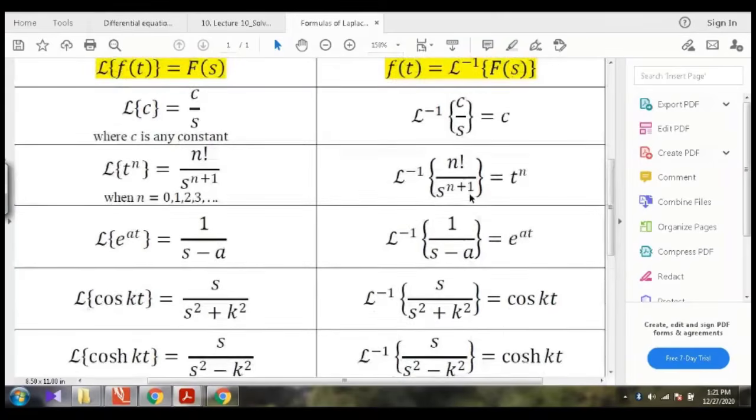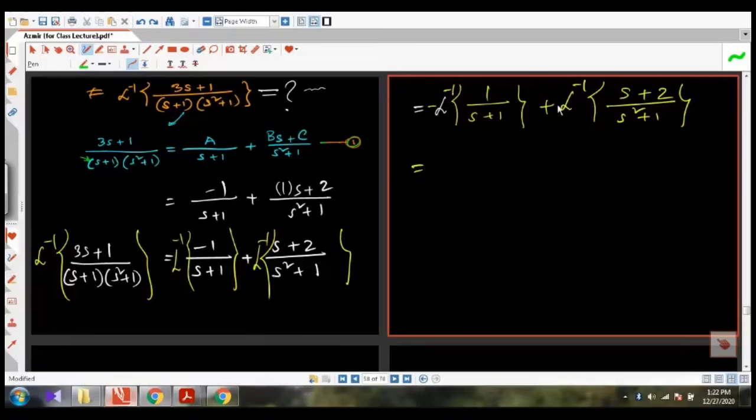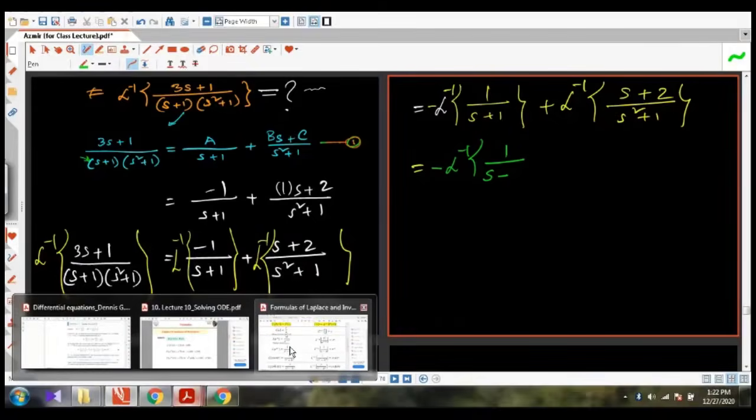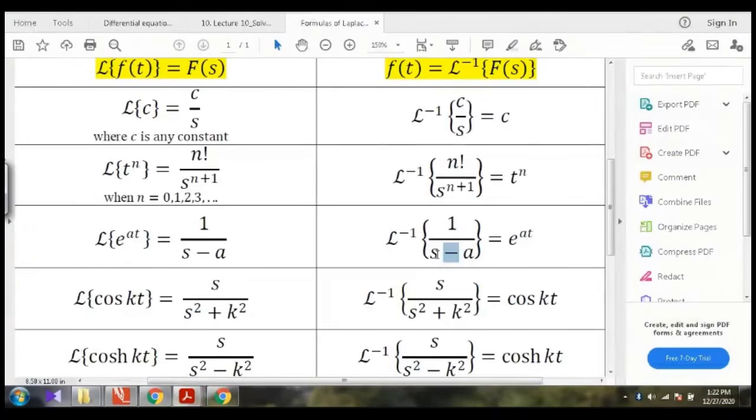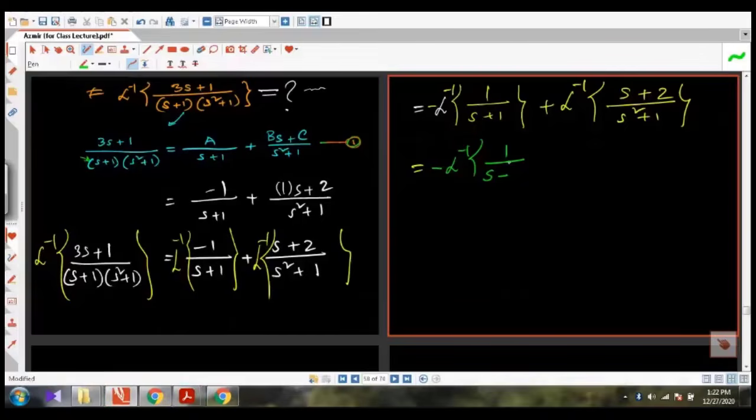Which formula are we going with? 1 over s minus a, right? Yes, sir. So negative inverse Laplace of 1 over, try to keep the negative sign because in our main formula we have negative.